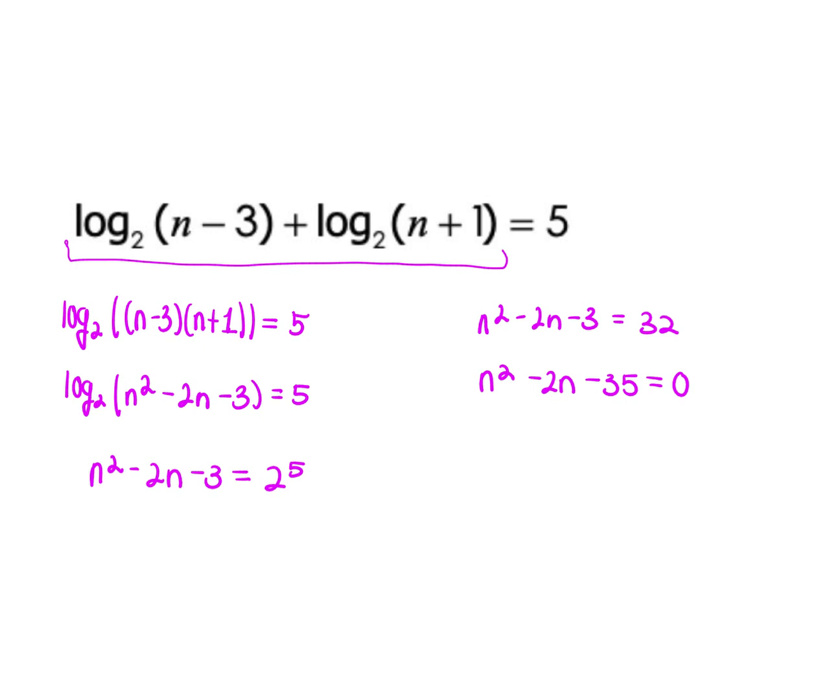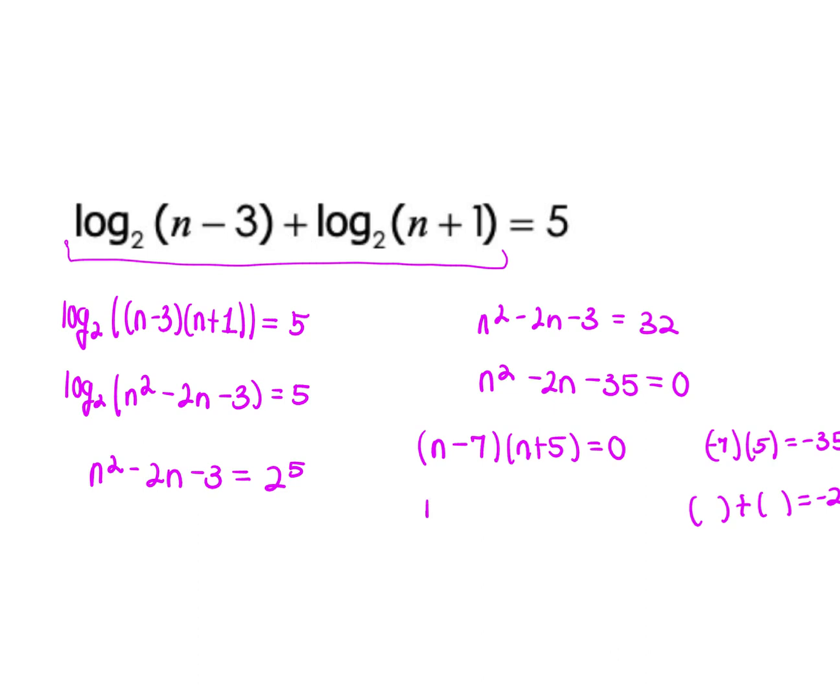And now we need to think of two numbers that multiply to negative 35 and that add to negative 2. So that's going to be positive 7 and negative 5. Oh, wait, I'm sorry. Negative 7 and positive 5.